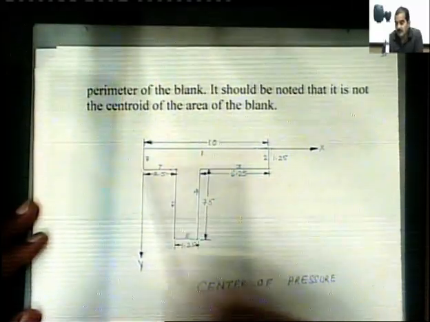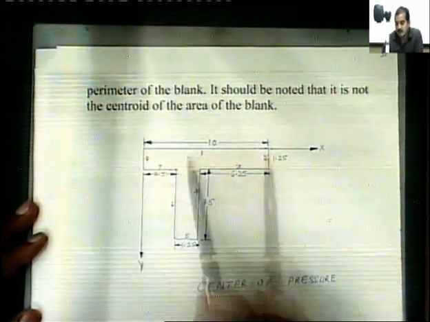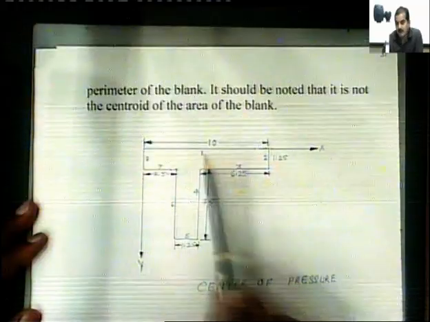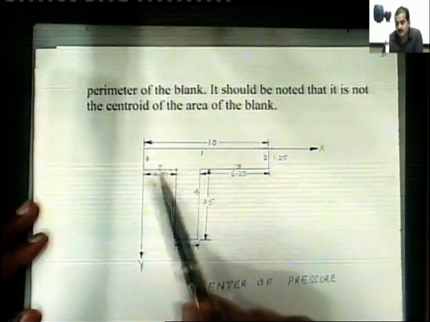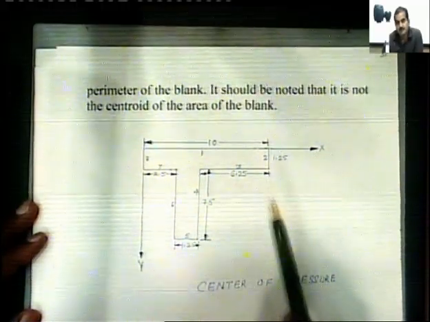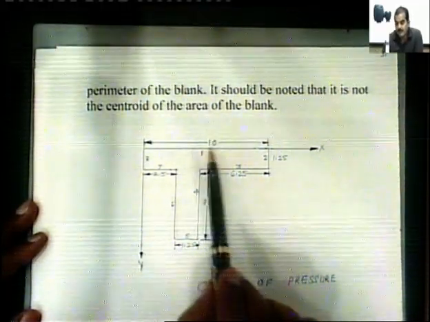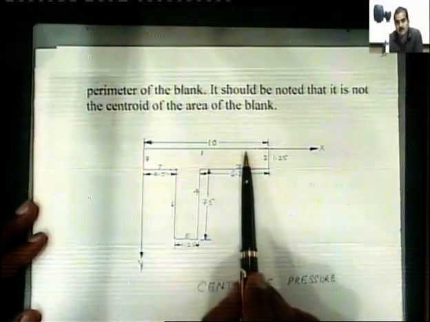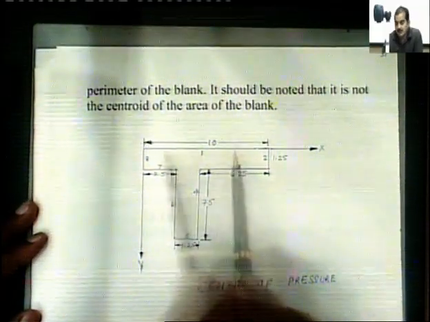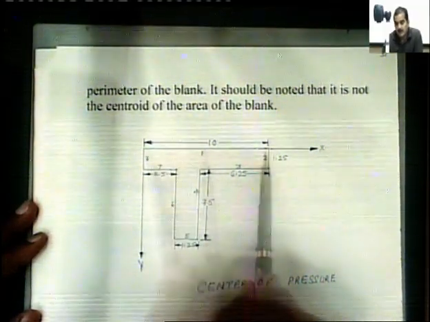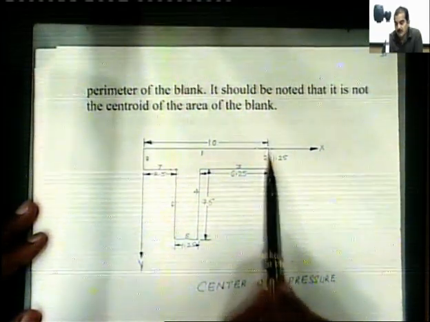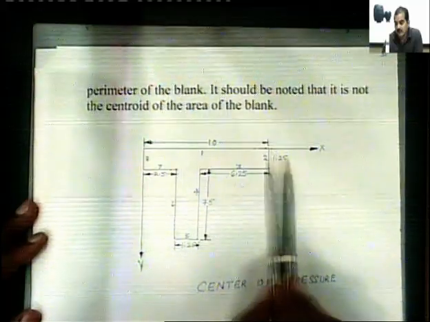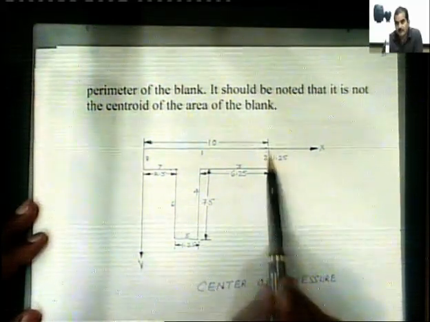Then the length of the line segments is calculated. It is taken as L1, L2, L3, L4, L5, L6, L7, L8, and similarly the centroid of these line segments is calculated. Centroid means the center point of this line. Similarly, the centroid of this line means the center of this line.